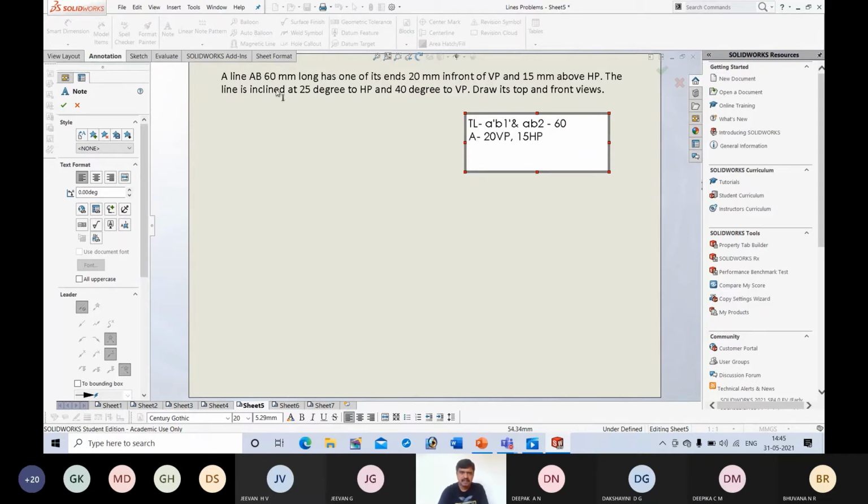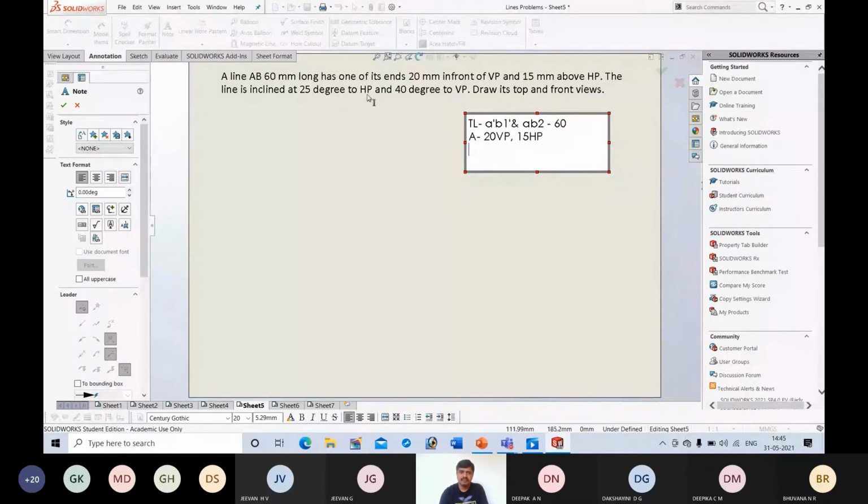Next, the line is inclined at 25 degree to HP. If it were given that in the top view it is inclined at 25 degree to HP, or in the front view it is inclined at 25 degree, then that would be a false inclination. Here it is directly given: the line is inclined at 25 degree without referring to a view. That means it is a true inclination.